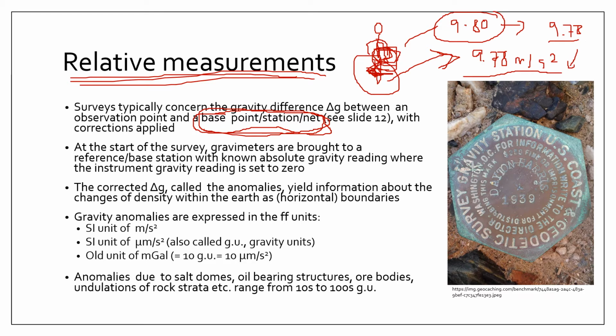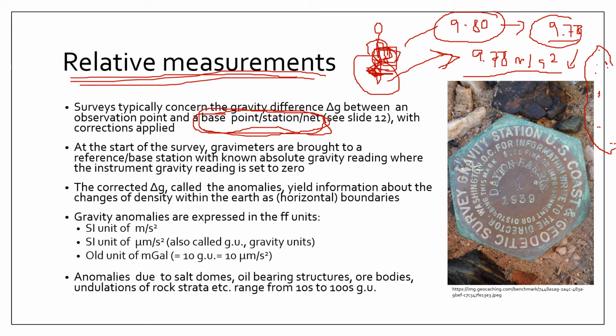All right, and then in the next surveys we will be measuring the gravity readings in other areas. And then after doing the surveys, we will also subtract this value from those readings so that we only end up with the relative differences in gravitational acceleration in those areas.